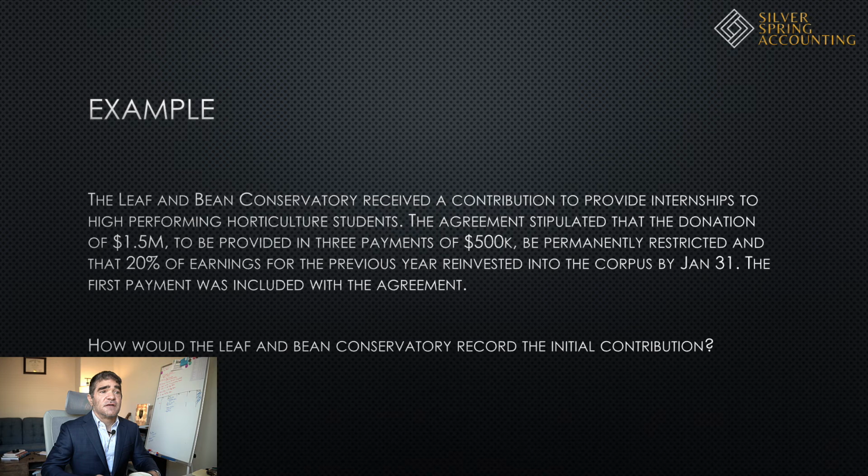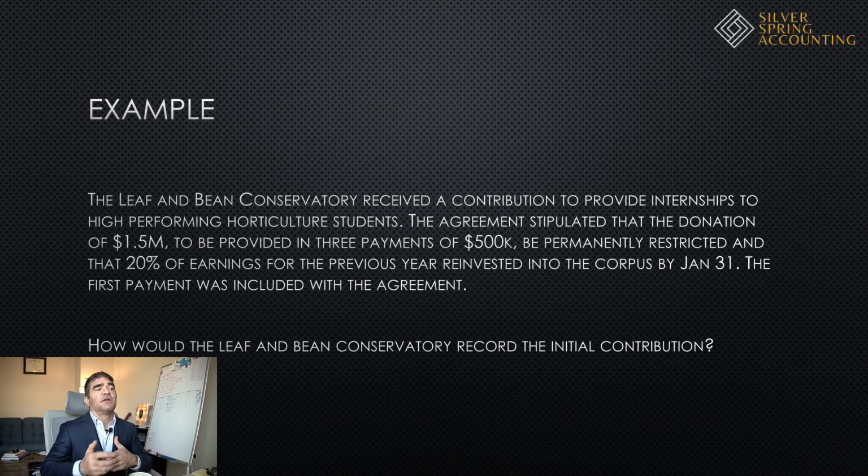The agreement stipulated that the donation of $1.5 million be provided in 3 payments of $500,000, to be permanently restricted, and that 20% of the earnings for the previous year be reinvested into the corpus by January 31st the following year. The first payment was included with the agreement.